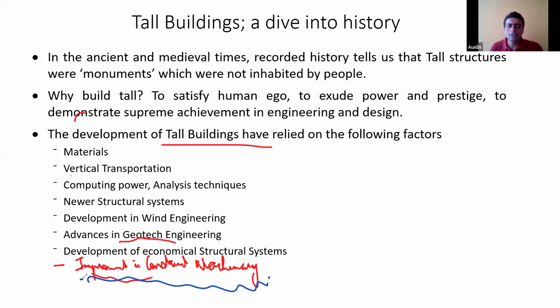So yes, I should add this point as Mr. Mehul rightly put forth. So these are the factors that have led us to constructing taller and taller structures over the past so many years. Okay. So I think I'll stop over here.